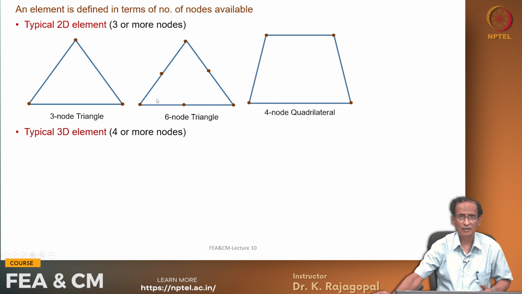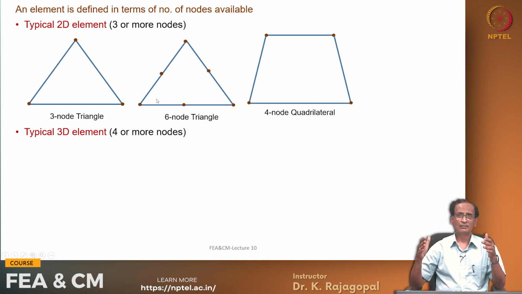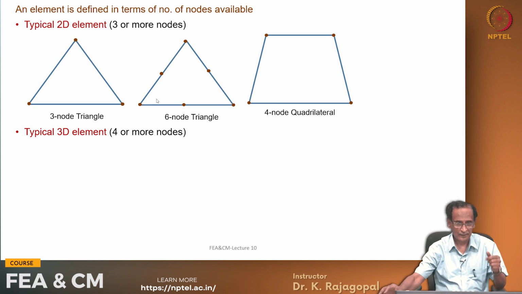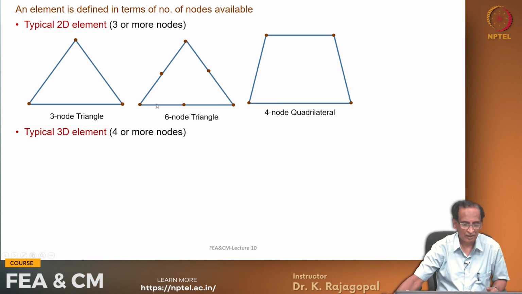And actually, depending on the shape that we have, we can decide the number of nodes. Then if we have more nodes along any line, we can even define a curved surface.